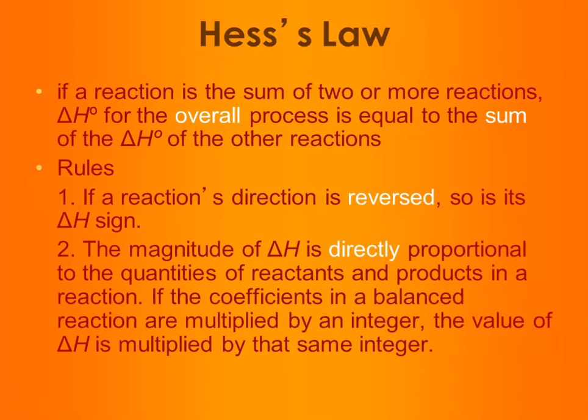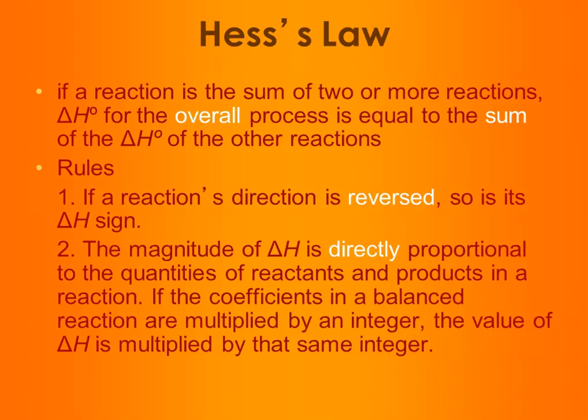And because, as we've seen already in this unit, enthalpy is directly dependent on the amount of materials you have and the heat that is released by those materials, if you adjust a coefficient by a factor, and I said here if it's multiplied by an integer, it could be multiplied by a fraction as well, you would need to account for that with your enthalpy values.